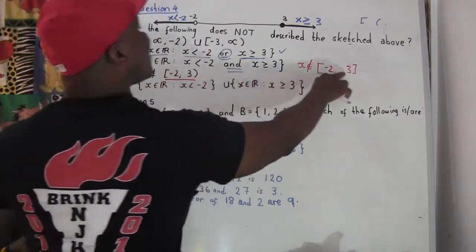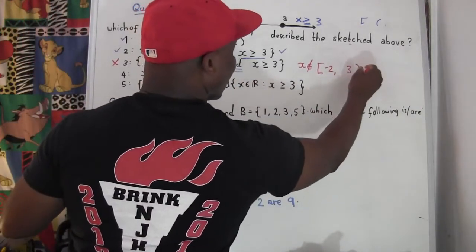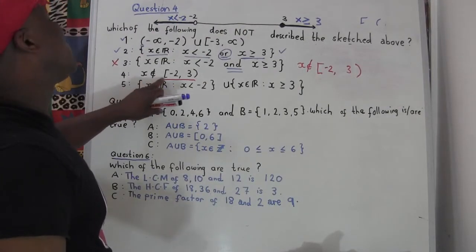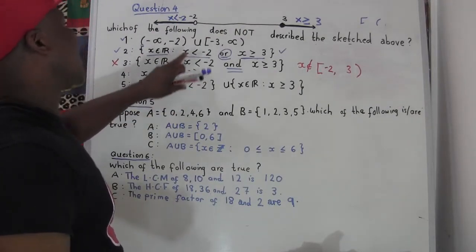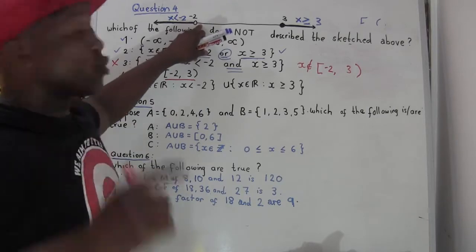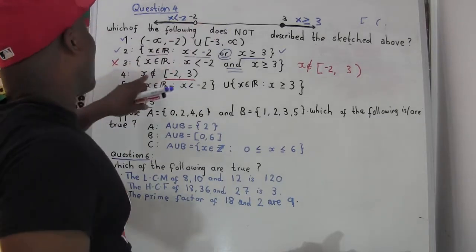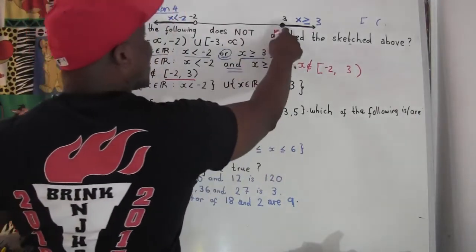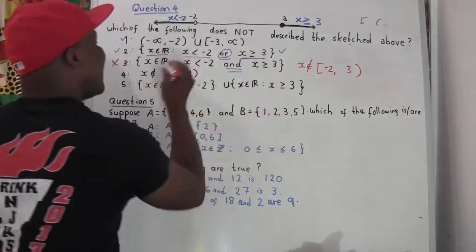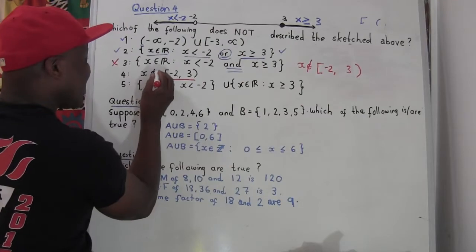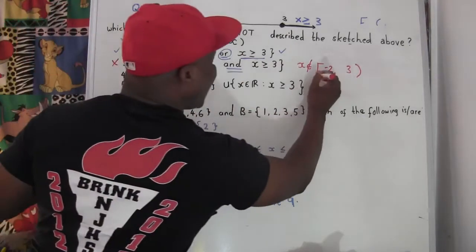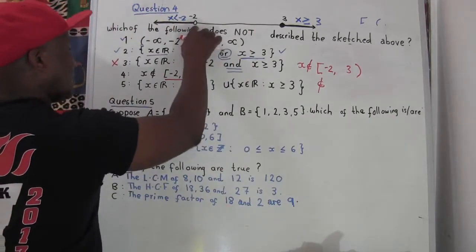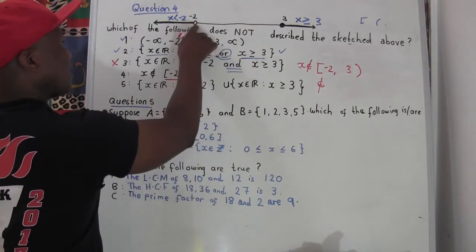And if it's not including, it means it's excluding. So it's true. So x is not an element of including, meaning it's not including, it's excluding. So it's true. And also this x is not between here. It's not including, meaning excluding, and there is no element here. That's why we negate. We say not an element, because when you say this, it means it's an element. So we say not an element of including, meaning we don't include here.